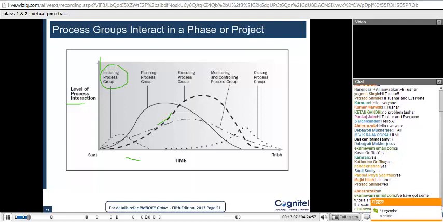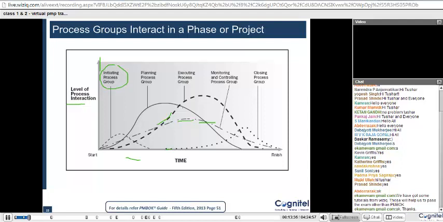Once you move on, you can see that execution becomes the most interactive process, and planning starts coming down, while monitoring and controlling remains there throughout. You can see this line goes throughout till the very end of the project, and then execution finishes, and that's when you see the closing here.